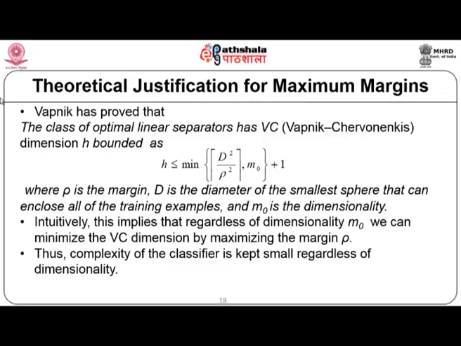Now, the idea is that regardless of the dimension, we can minimize the VC dimension h by maximizing the value of the margin. So, this means that the complexity of the classifier remains small irrespective of the dimensionality. That is what Vapnik and Chervonenkis said, and one of the reasons why support vector machines have become very popular.